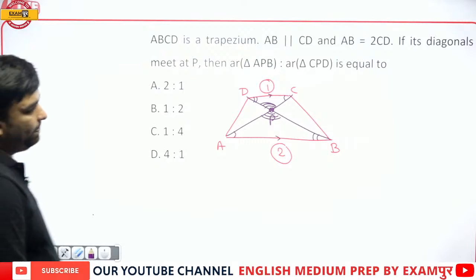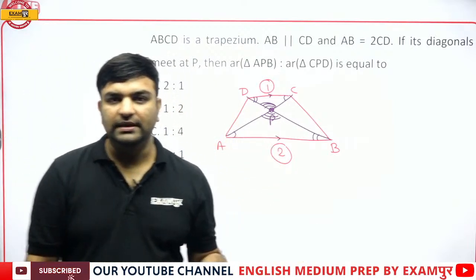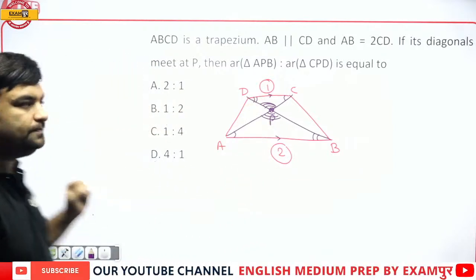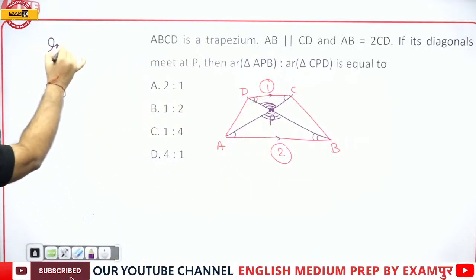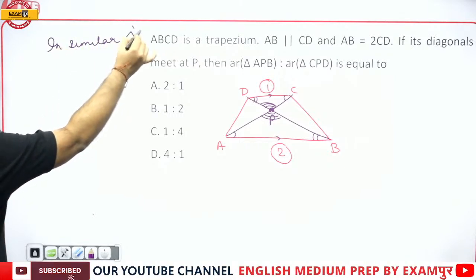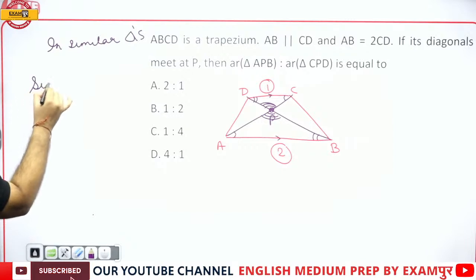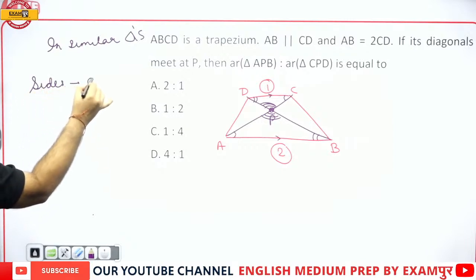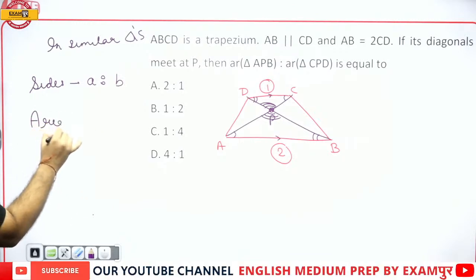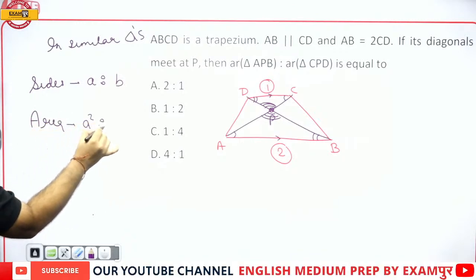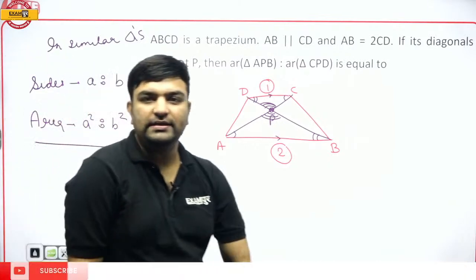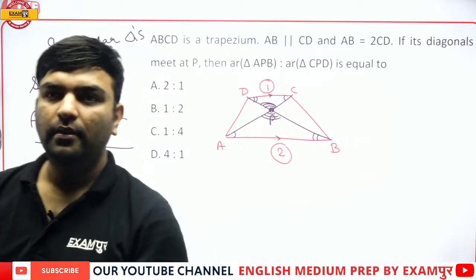In similar triangles, if the sides are in the ratio A to B, then the areas are going to be in the ratio A squared to B squared.